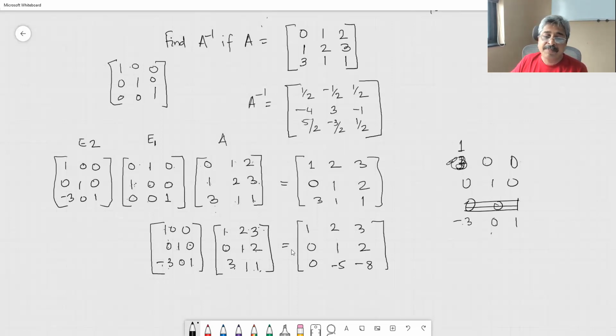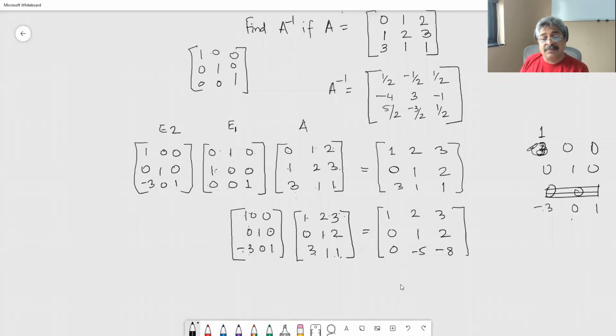Do you understand what is happening? In the third row, we multiplied the first row by minus 3 and added: minus 3 into 2, minus 6 plus 1 gives minus 5, minus 9 plus 1 gives minus 8. Whatever we used to do by row transformation, now E2 does that.